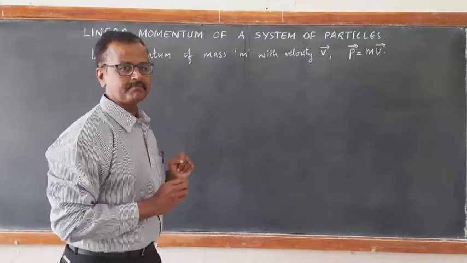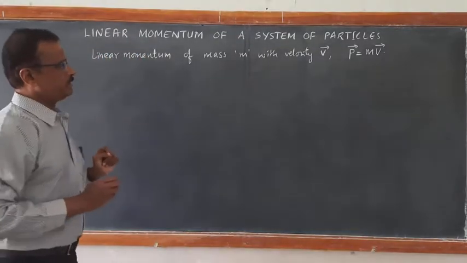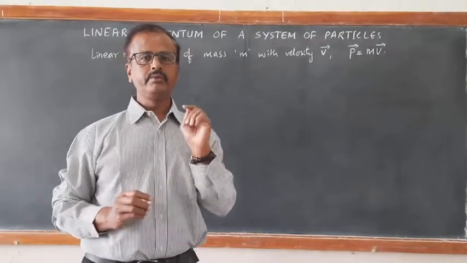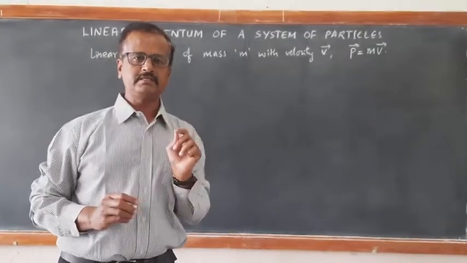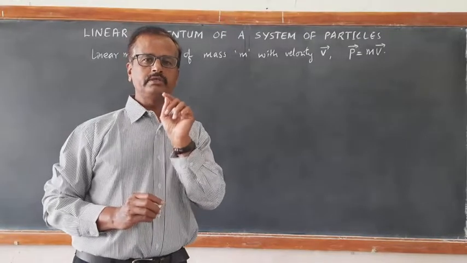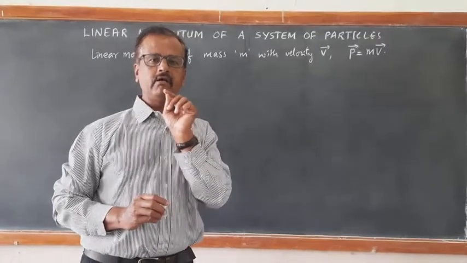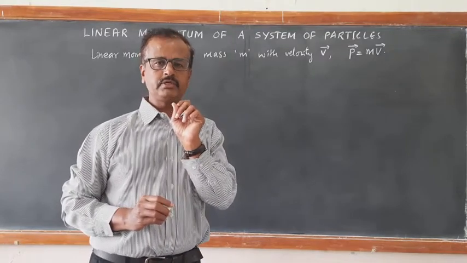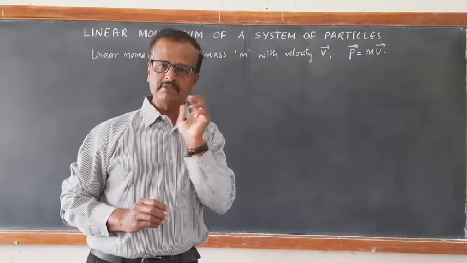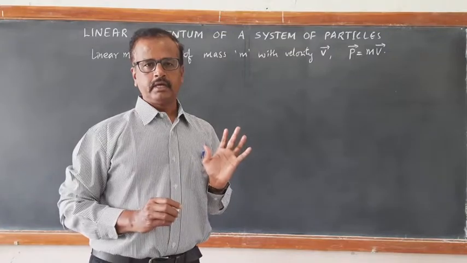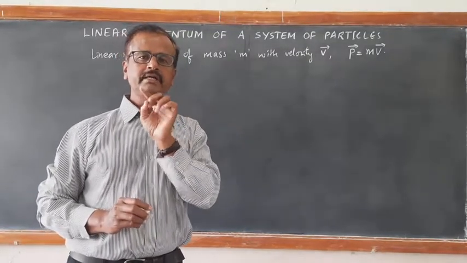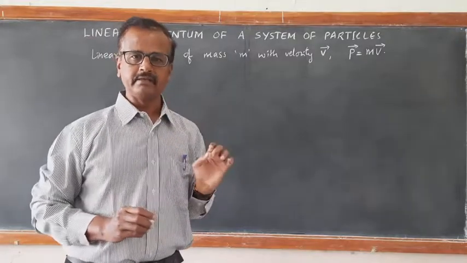Each particle has its own velocity: v1 the velocity of the particle of mass m1, v2 the velocity of the second particle of mass m2, v3 the velocity of mass m3, and so on, vn the velocity of the nth particle of mass mn.